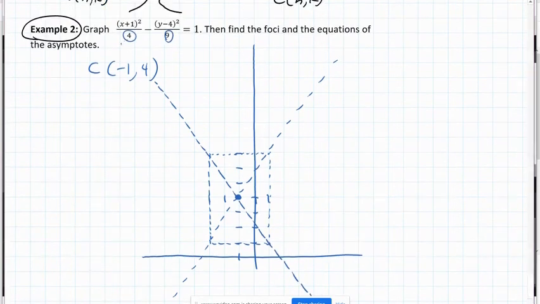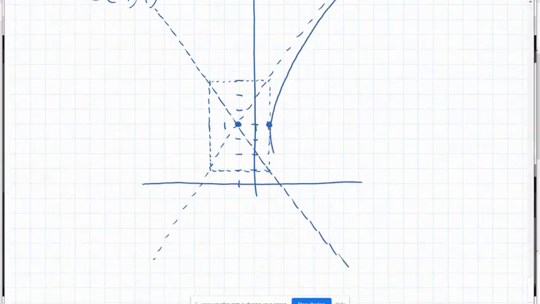And this one, since the x term is the first term or the positive term, it's going to go in the x direction. So we're going to have a vertex there and approach the asymptotes. Vertex there, approach the asymptote.